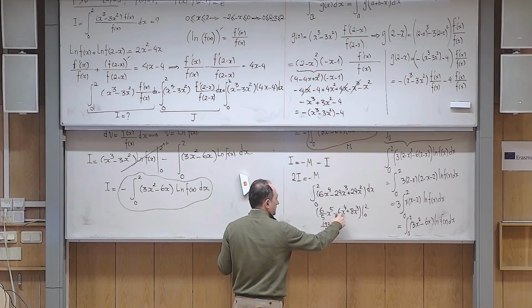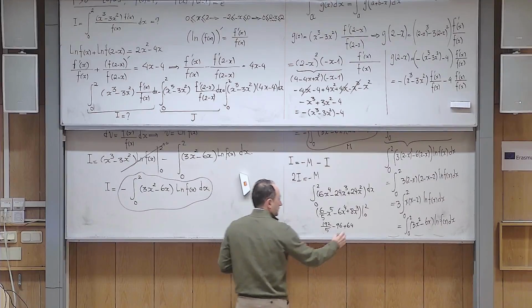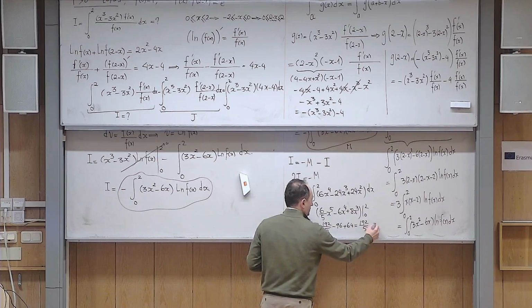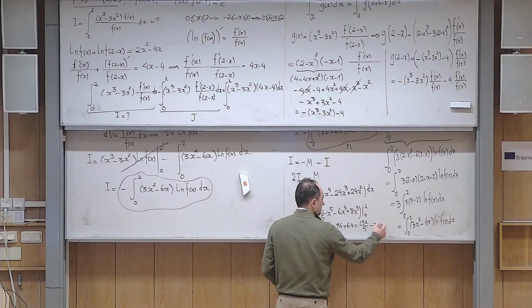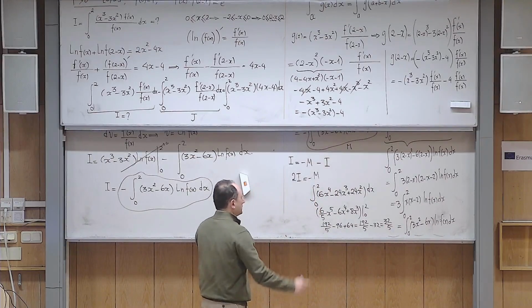And this one, 16 minus 96. And this one, 64. So it becomes 192 over 5 minus 32. So this becomes what? 32 over 5. So this is your m.